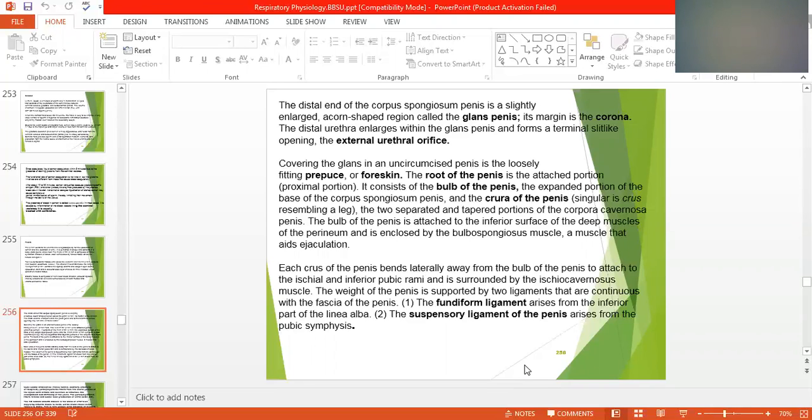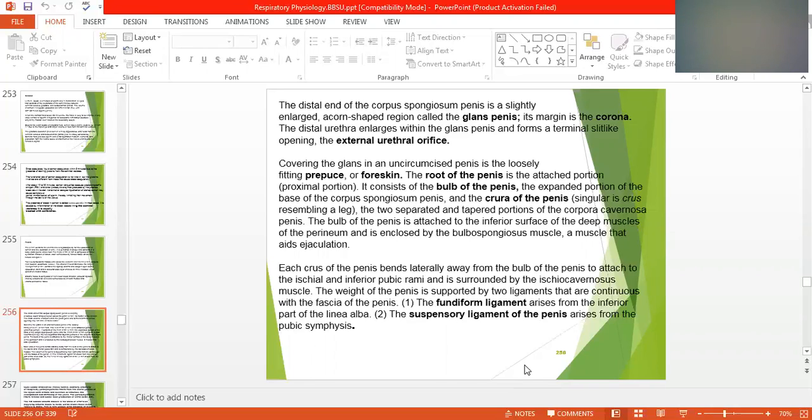The weight of the penis is supported by two large ligaments that are continuous with the fascia of the penis. The fundiform ligament arises from the inner part of the linea alba. The suspensory ligament of the penis arises from the pubic symphysis.